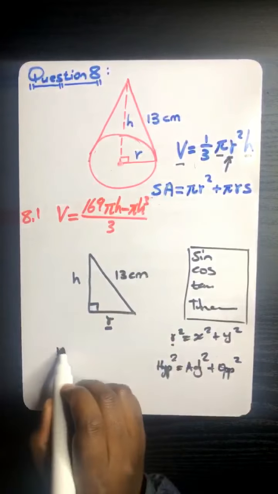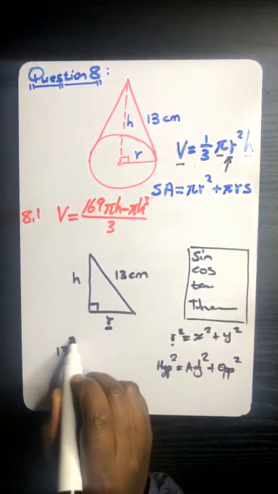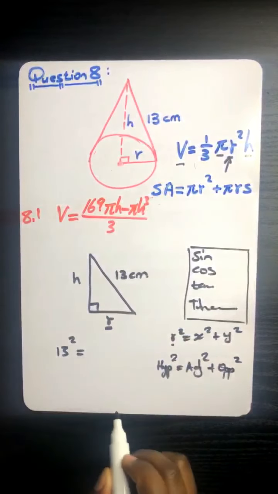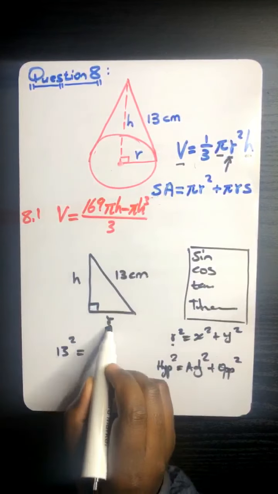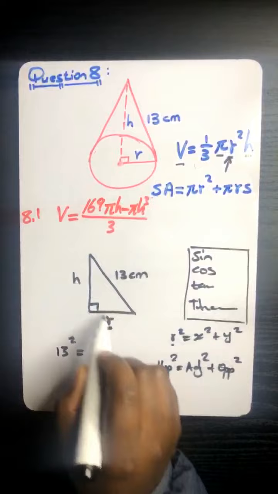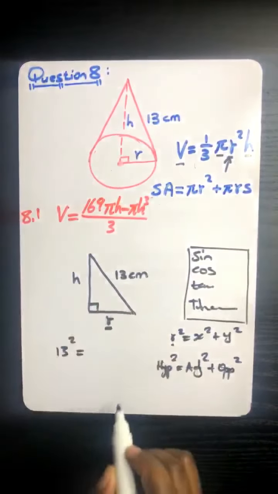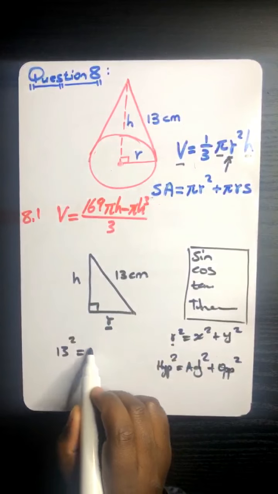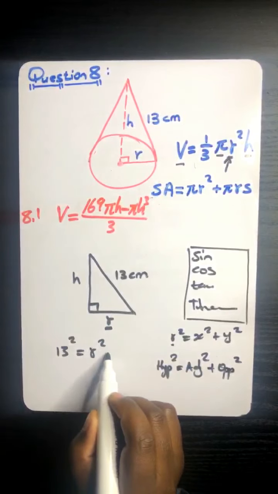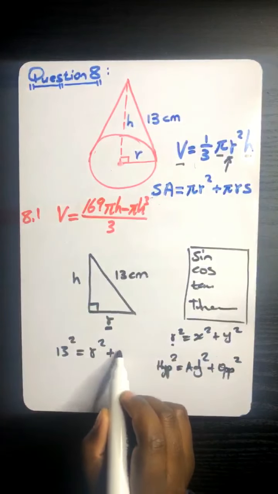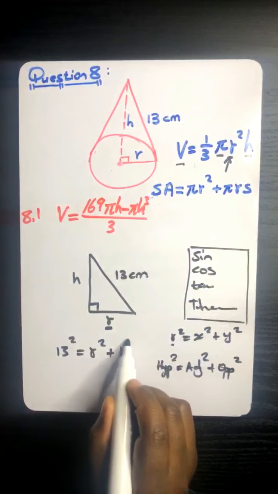Is it not 13? So we have 13 squared equal to, and you can take any of these sides as adjacent, any as opposite, because we are not concerned about the angle, which means we can say r squared plus h squared.